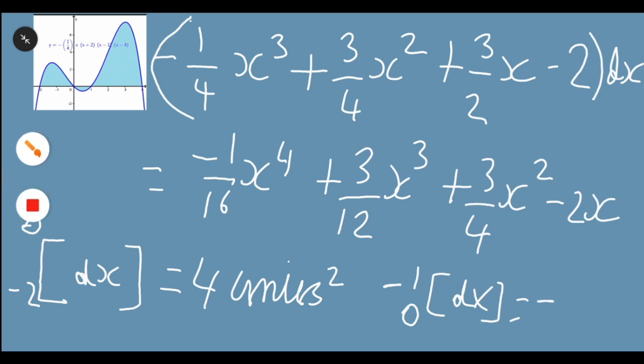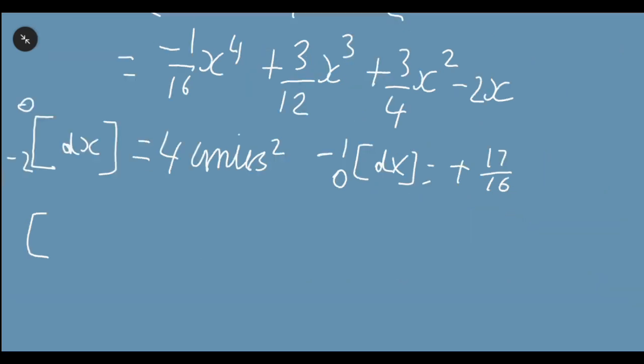Now let's work out the value. The value for this is minus 17 over 16. So we do minus 17 over 16, as area cannot be negative. Therefore, we can say that the area is plus 17 over 16 units squared.